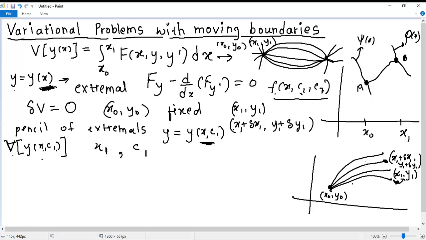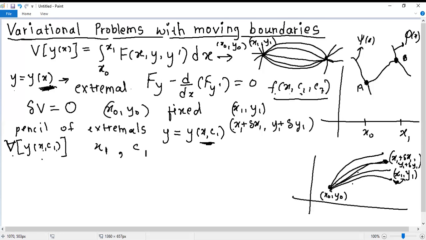Because if there is an intersection between the curves, then for one point there may be two extremals. Suppose there is one more curve, and I tell you this end point, then it is not possible to say on which curve the extremum is attained. That means it cannot be uniquely determined.